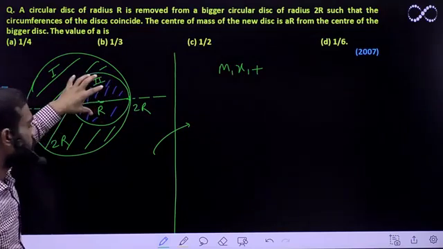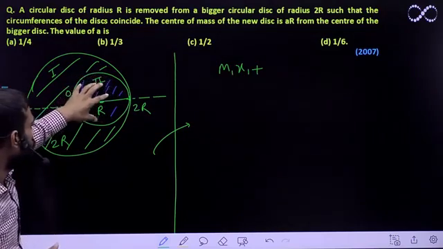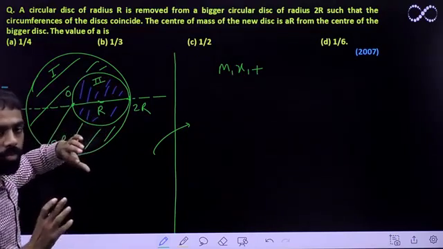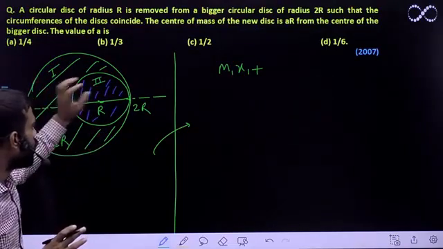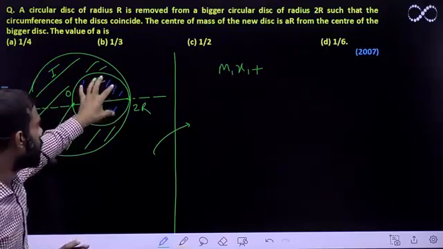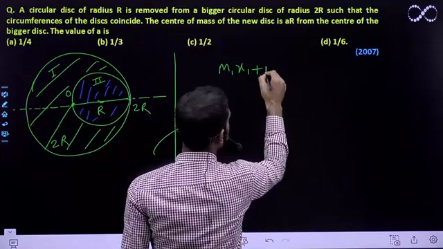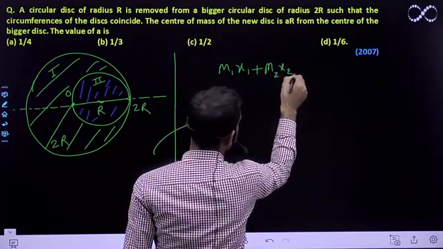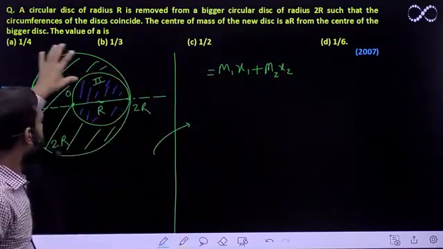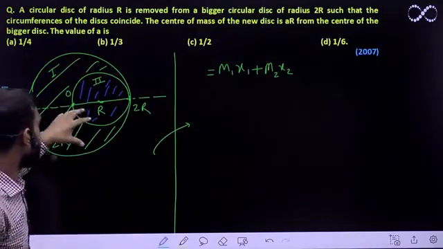This mass has been taken out, but for the purpose of solving this question, I have filled this cavity with mass. That must be equal to the center of mass of the whole disc.